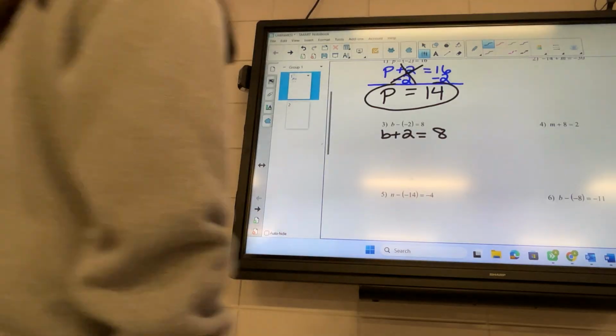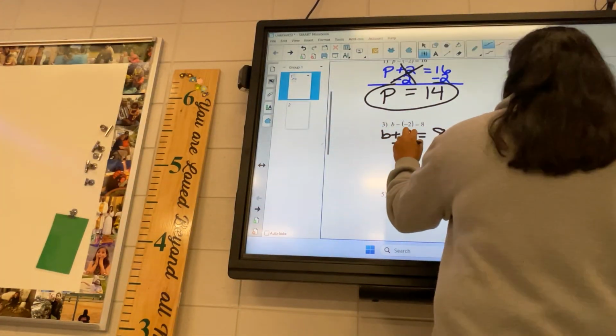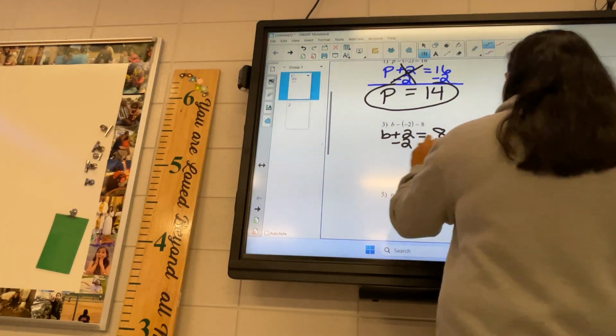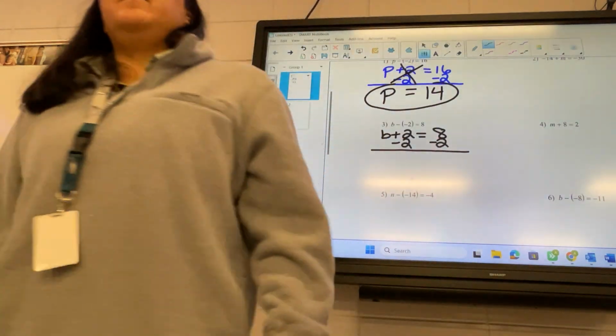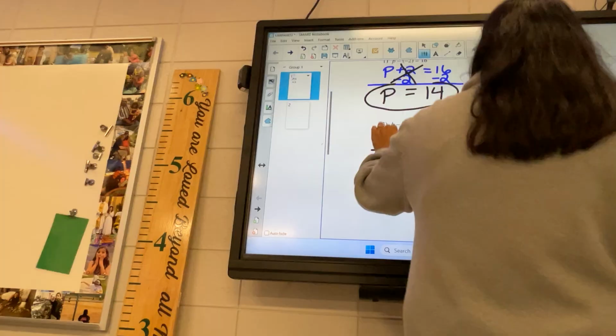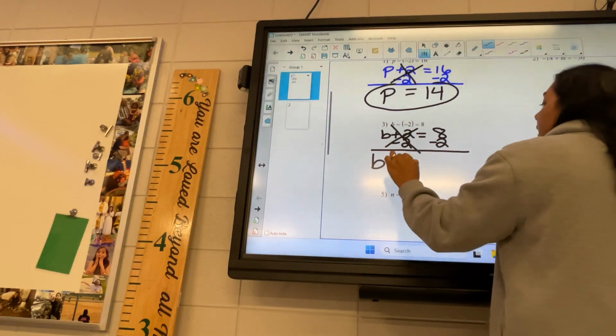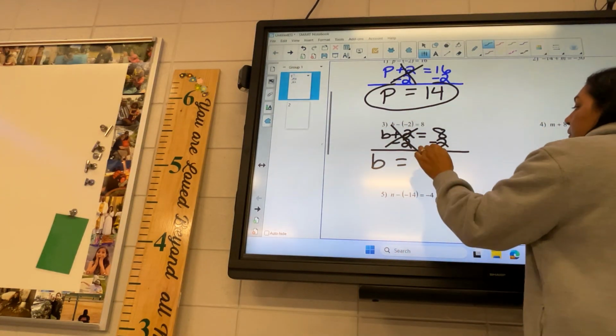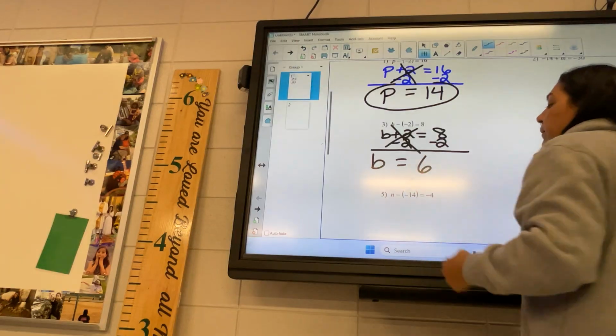What goes with plus? Minus. So we're going to say minus 2, minus 2. What happens to the 2s? They cross out. And so we're left with b equals, what is 8 minus 2? 6.